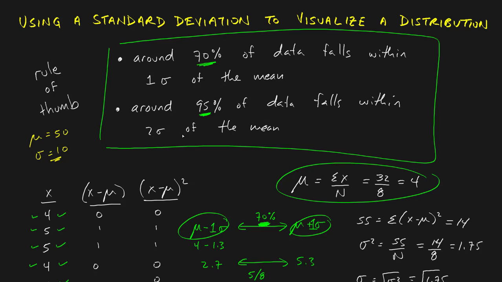And that's it. As I mentioned earlier, this rule of thumb is going to become a lot more fleshed out later in the course when we get to z-scores, z-tables and the normal distribution. For now, it just gives us 2 general points that we can mostly count on when we're dealing with data sets.